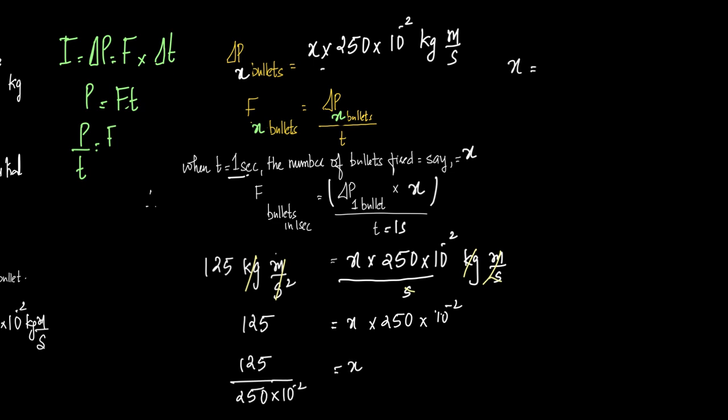And therefore x is equal to 12500 by 250, so x is equal to 50. Therefore the number of bullets fired is 50. See, this is the elaborate way to understand the question. In the coming questions, we won't do it in this detail. We'll skip the basic steps and try to do the questions faster.